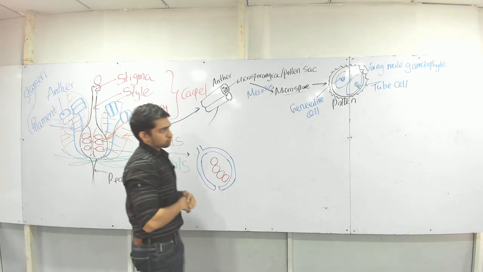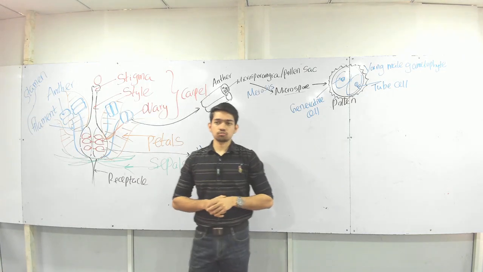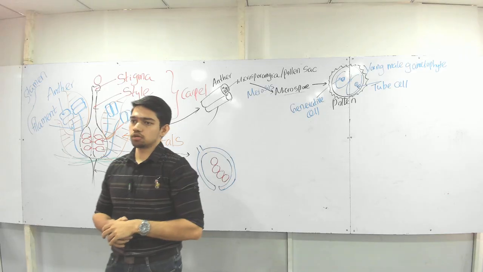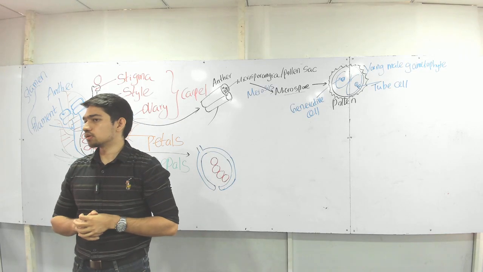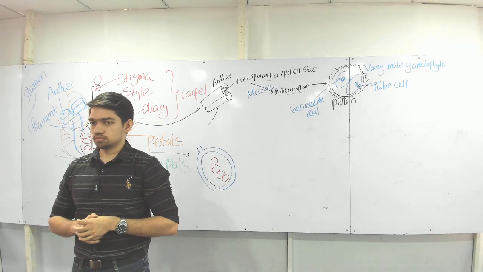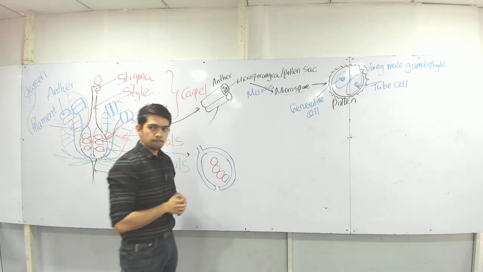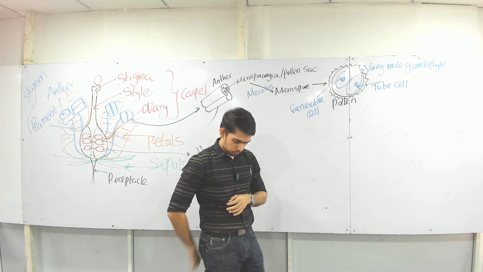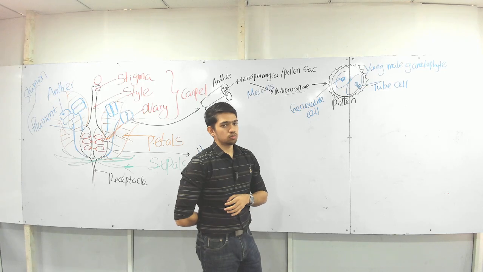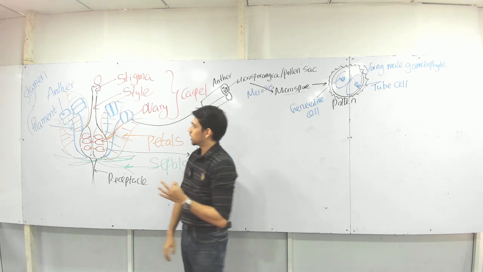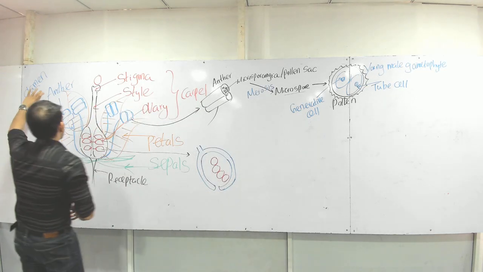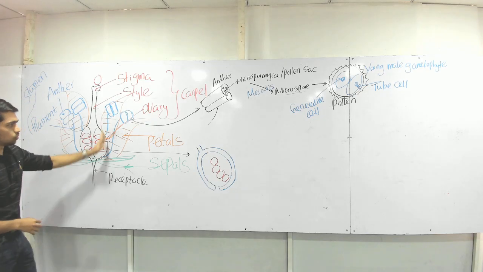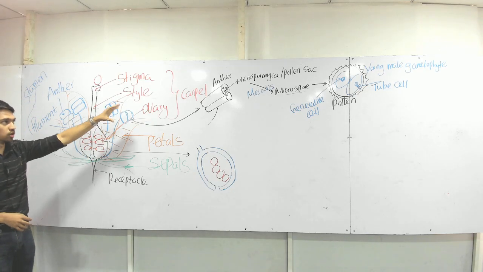Male gametophyte with tube cell, generative cell covered by the pollen wall is a pollen grain. So that's the entire story of the male stamen. Filament is just a holder of the anther.